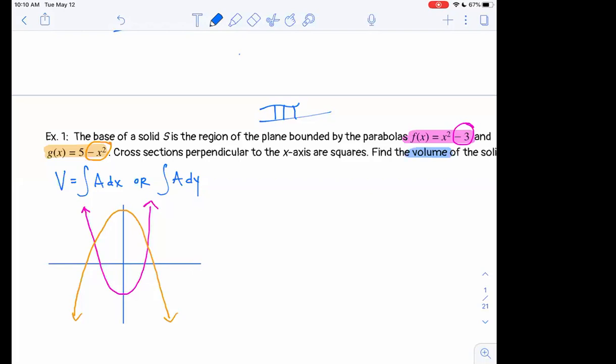So this second sentence says that the cross sections perpendicular to the x-axis are squares. What that means is I do not want to draw my line this way, because that line is not perpendicular to the x-axis. So I'm going to undo that, and instead I'm going to draw some lines that are perpendicular to the x-axis. So for example, this could be one line that is perpendicular to the x-axis.